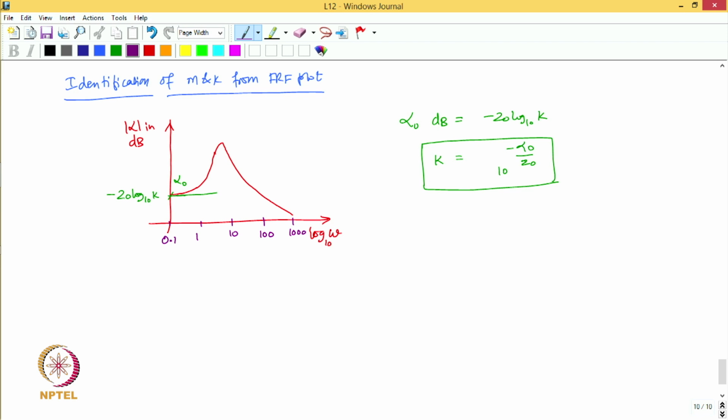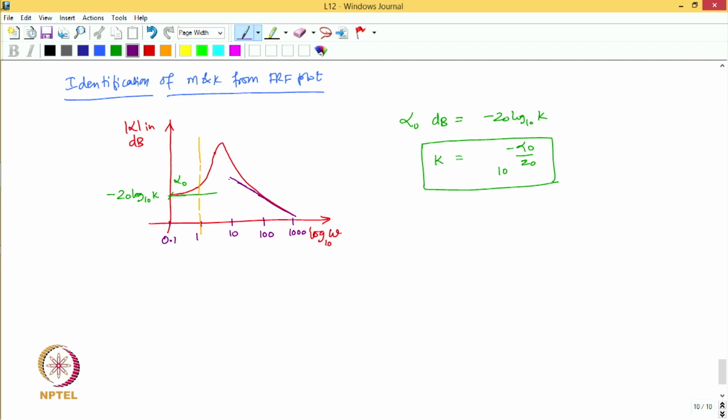So, now we can plot here an asymptote which has a slope of minus 40 dB per decade, and let us say that asymptote is this. And then we should see where this asymptote intersects on the ordinate at omega equal to 1.